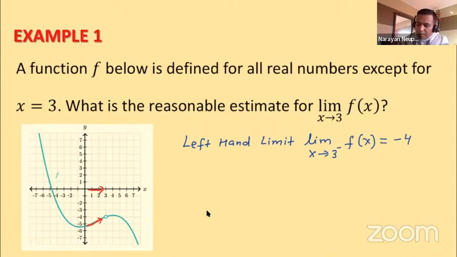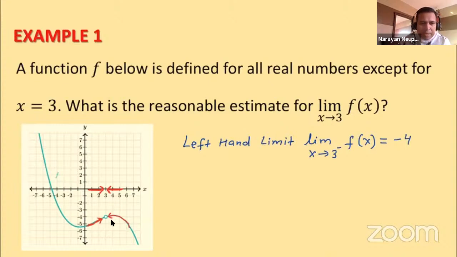Similarly, if we want to find the right-hand limit, we try to approach 3 from the right. If the x value approaches 3 from the right, you'll see that this graph will go up like this, and it gets closer and closer to this y value here. And the y value over here is -4.